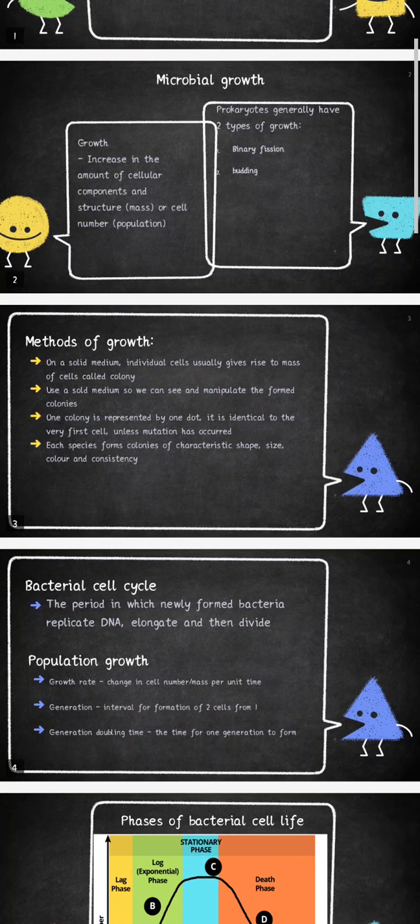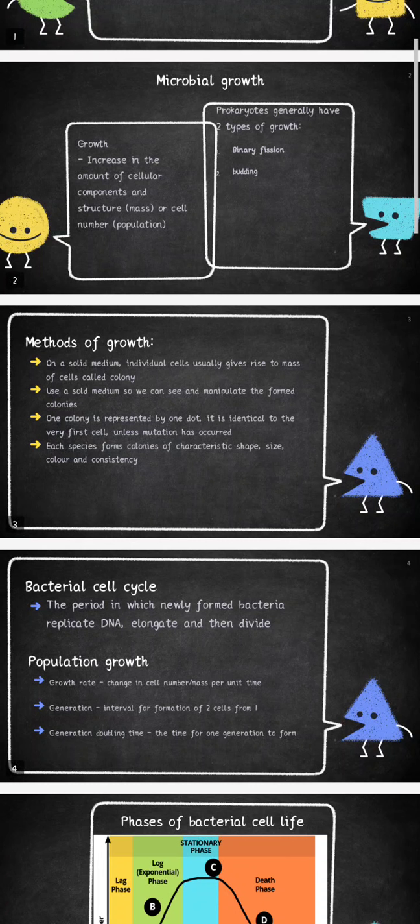These characteristics are always the same under the same conditions of growing. Again, the size of a colony is limited by the exhaustion of nutrients. So the size of the colony is based on the nutrient intake of your microbes.